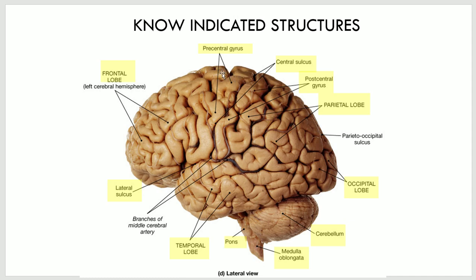Post. So pre is before, post is after. Precentral gyrus is in front of the central sulcus. Postcentral gyrus is behind the central sulcus. So pre-front, post-back. Remember, the sensory goes into the back and motor goes out the front with the spinal cord.